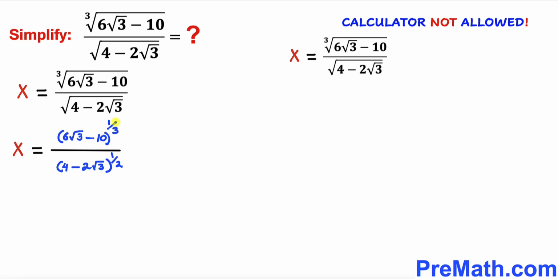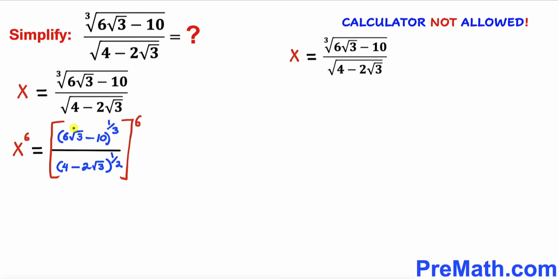And now let's make an observation. We can see our exponent on the top is 1 divided by 3 and the exponent at the bottom is 1 divided by 2. And we know the least common denominator for 2 and 3 is going to be 6. So I'm going to take the power of 6 on the left hand side, and likewise I'm going to take the power of 6 on the right hand side as well.